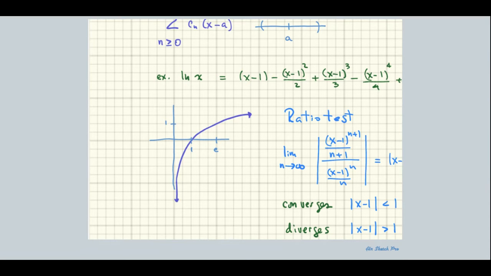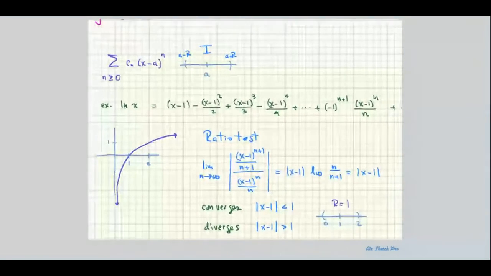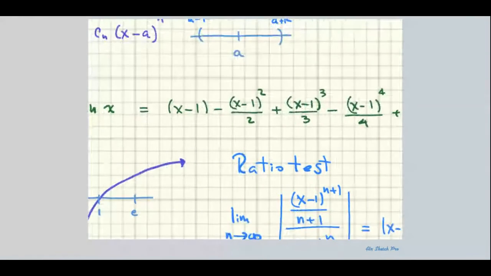Now, last class, we developed a power series for log of x, which looked kind of like this. It was x minus 1, minus (x minus 1) squared over 2, plus a third of (x minus 1) cubed, minus a fourth of (x minus 1) to the fourth, on and on like that forever.